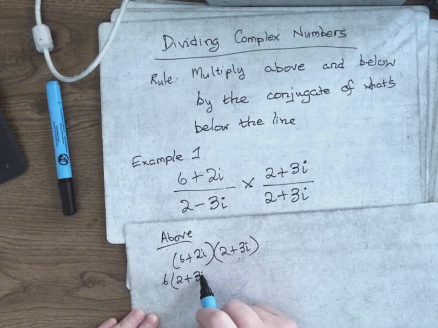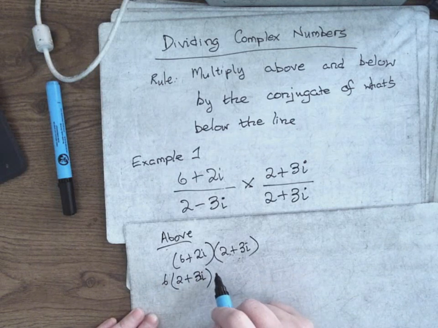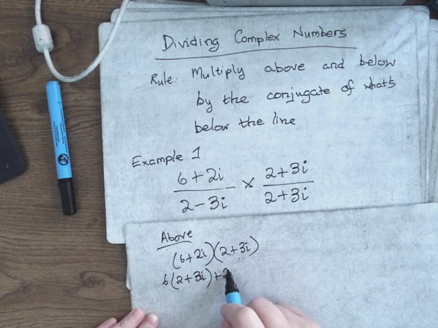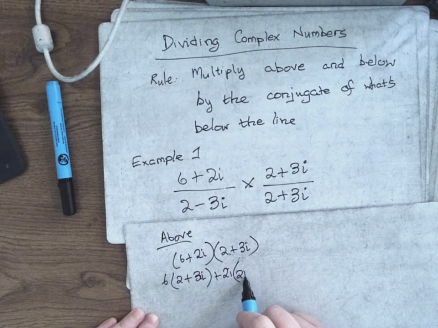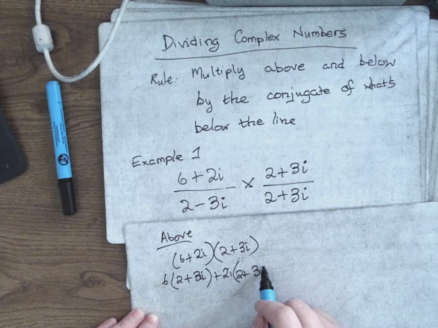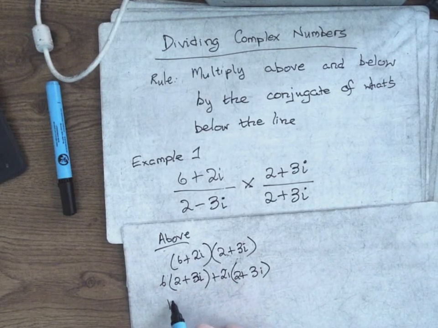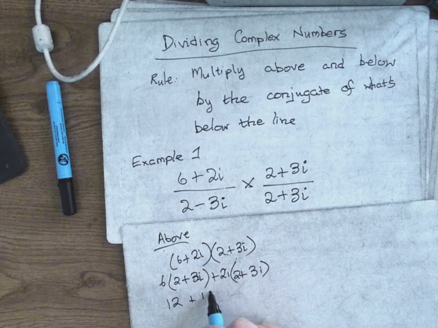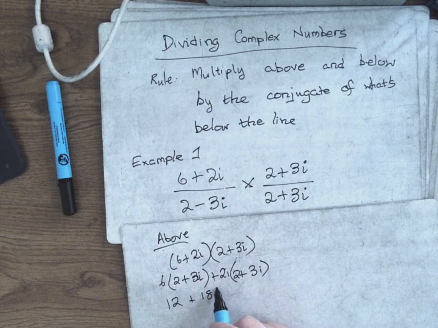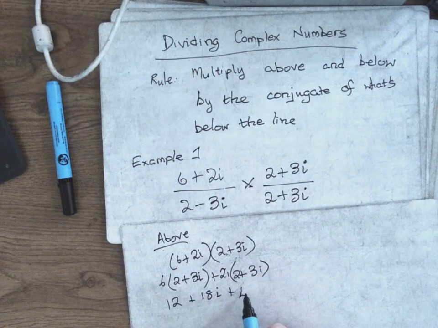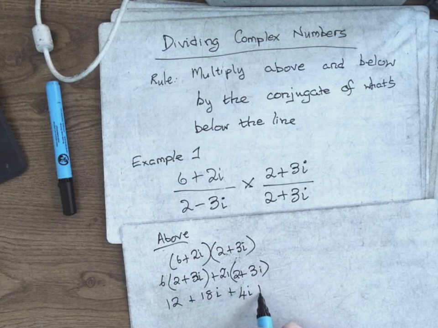Then you have a plus 2i, and you multiply it by 2 plus 3i. Multiplying, you get 12 plus 18i plus 4i plus 6i squared.